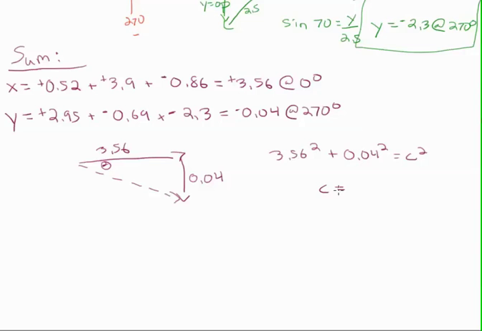Theta is opposite divided by adjacent. And we get that our theta is 0.64 degrees, or if we round it to a whole number, 1 degree. Which again makes sense because this is very tiny.